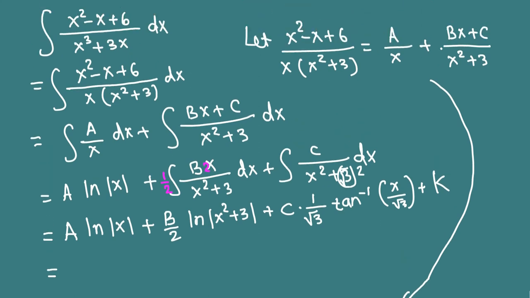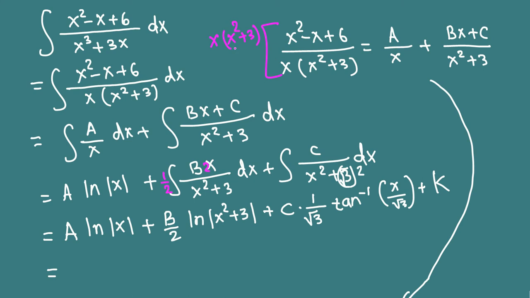To solve this equation containing fractions, the first thing we need to do is get rid of the denominators. So we multiply both sides by the common denominator of the right side, which is x times (x squared plus 3).